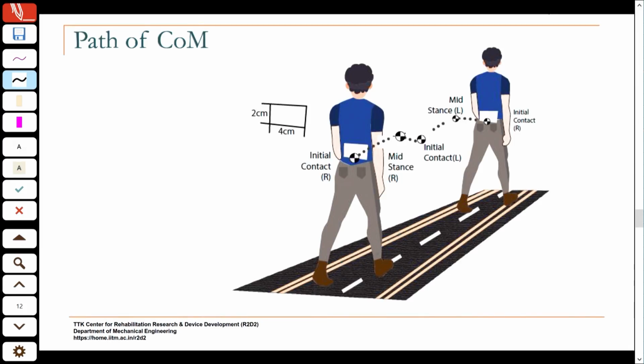It reaches its highest point during mid stance, because at mid stance you will remember that the knee is now fully extended and you are pivoting about the ankle, you have the ankle rocker.